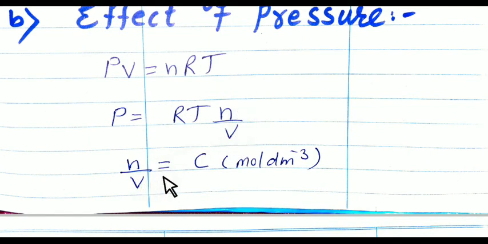So n upon V is nothing but C, concentration, and the unit of concentration of gas is mole per decimeter cube.